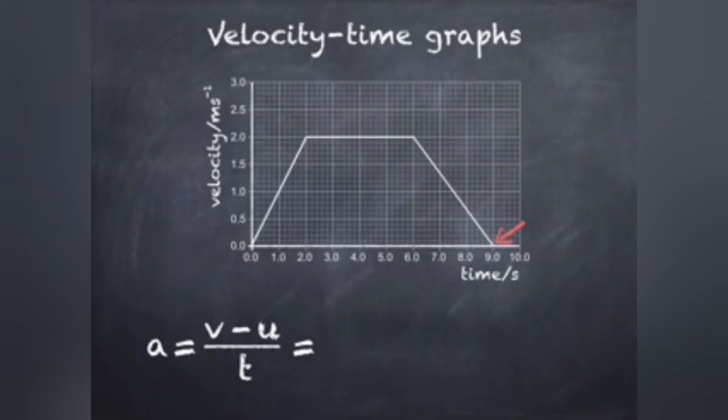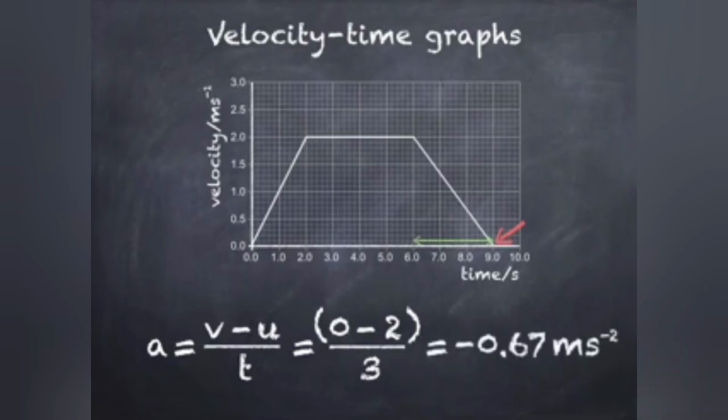When we substitute these values into the formula, we will get a value which is 0 minus 2 all over 3, which gives us a negative 0.67 meters per second square, or 0.67 meters per second square deceleration.